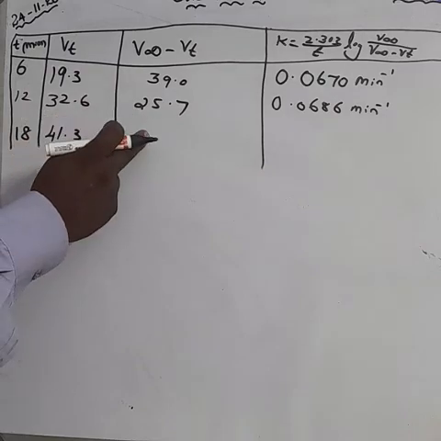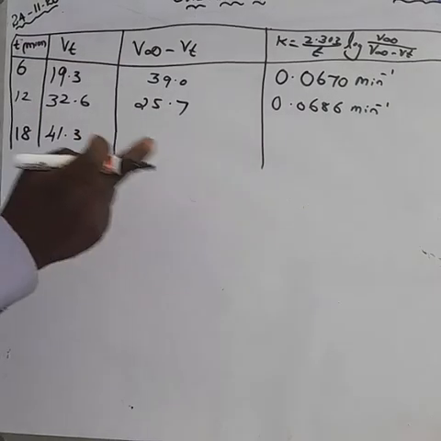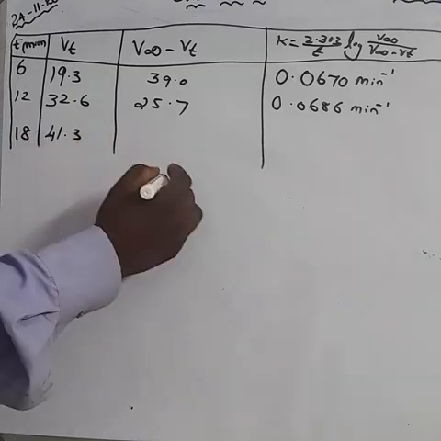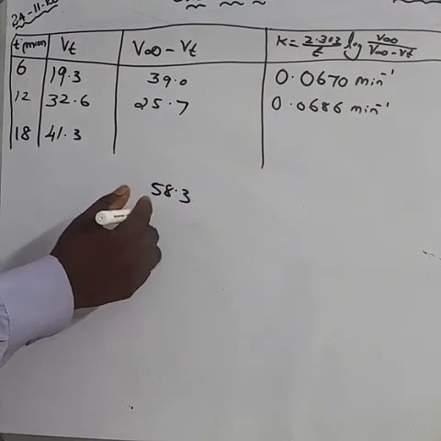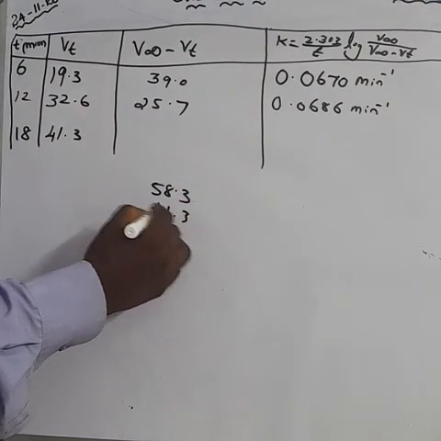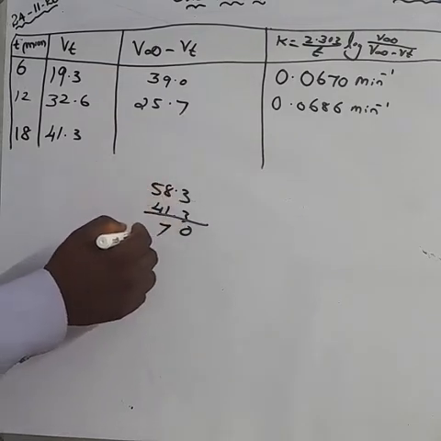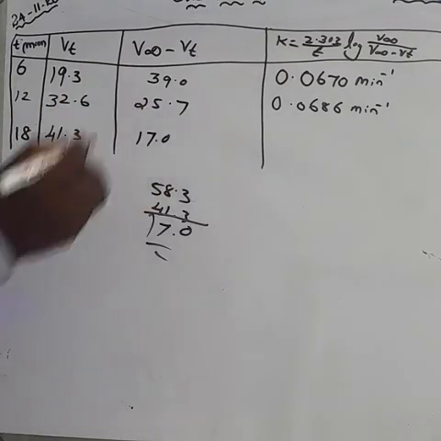Then we subtract, V infinity minus Vt. 58.3 is the V infinity value, minus 41.3, which gives 17.0.